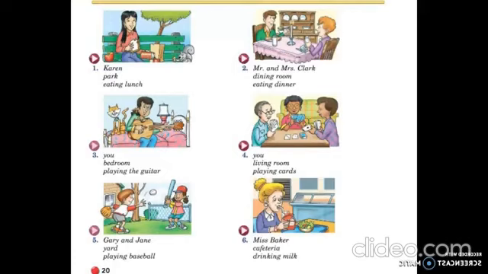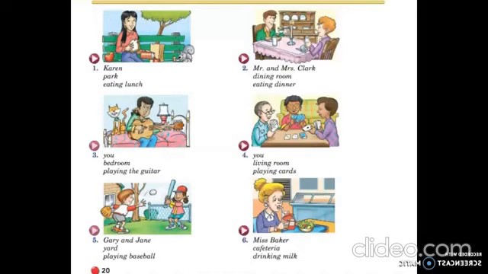We're in the living room. What are you doing? We're playing cards. 5. We'll begin. Where are Gary and Jane? They're in the yard.